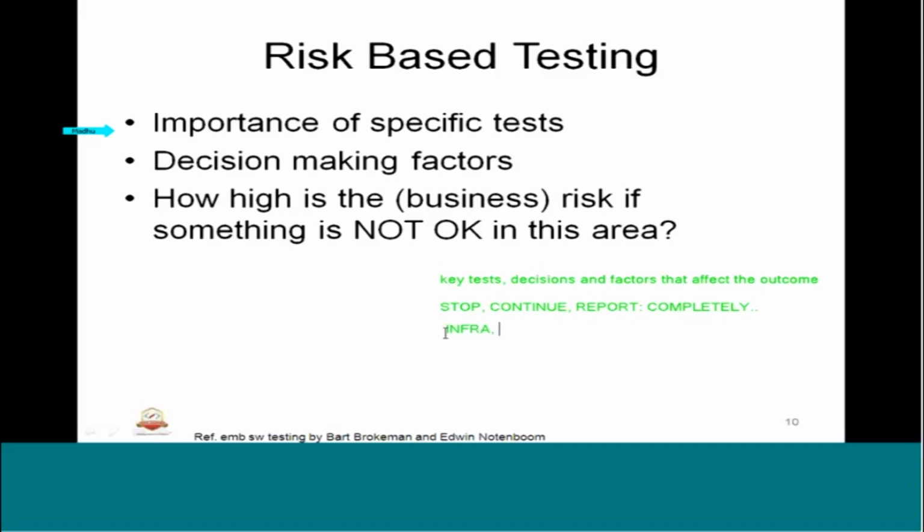Infra could be cost, and it could be human resource and schedule, etc. So if there is a major thing that needs to be taken care of for these specific tests, all this will be strategized under risk-based testing.